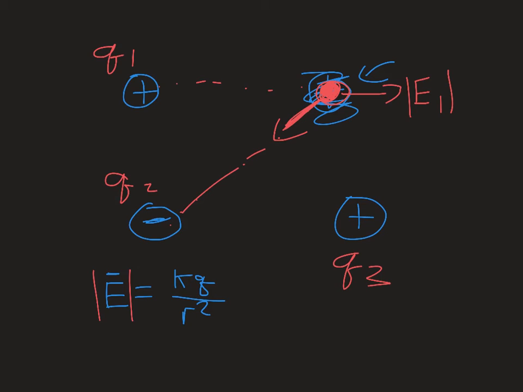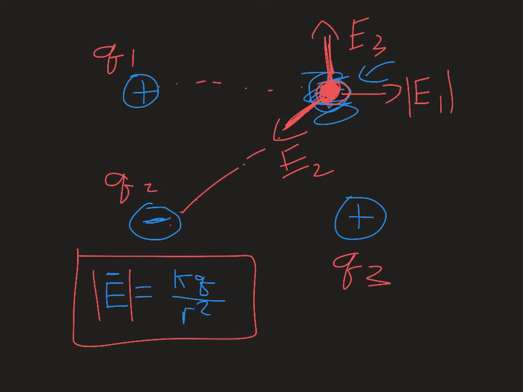And then for Q3, the force is going to be repulsive, and so that electric field is going to be like that. So we would have E2 and we would have E3. And just like we did with Coulomb's law, we can now figure out the angles, figure out the magnitudes using this formula, and then do vector addition.